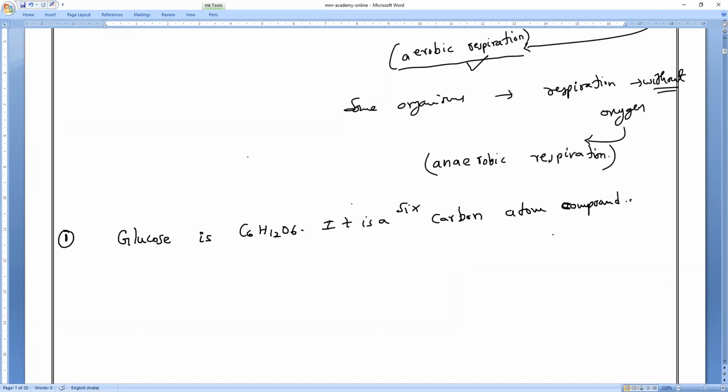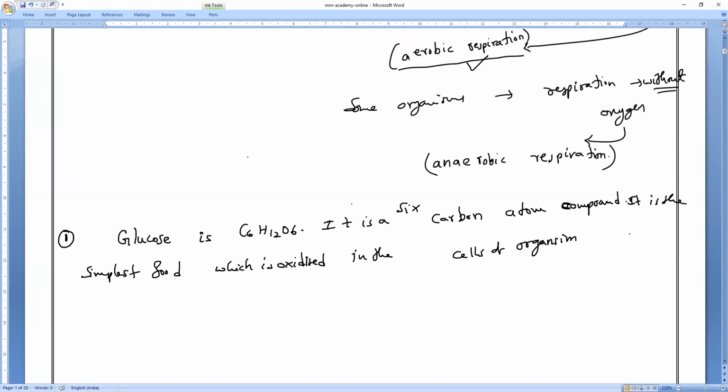Glucose is a six carbon atom compound, the simplest food, which is oxidized in the cells of organisms during respiration. Is it clear, everybody? Next.